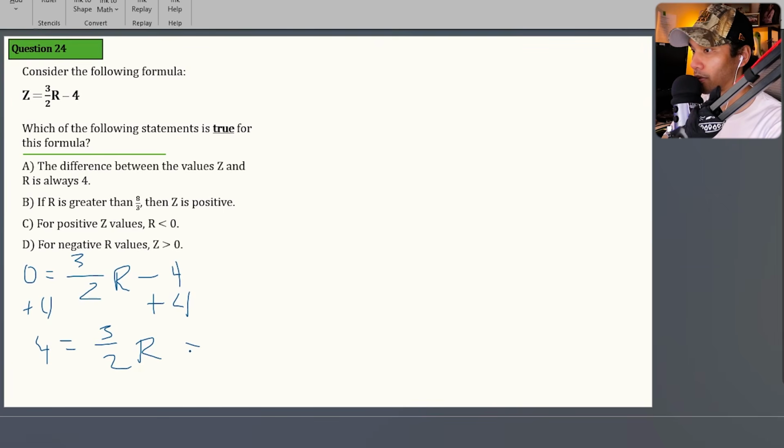And then R equals 8/3. Okay, that's our cutoff. Now we find what will happen when we go above and below this cutoff.